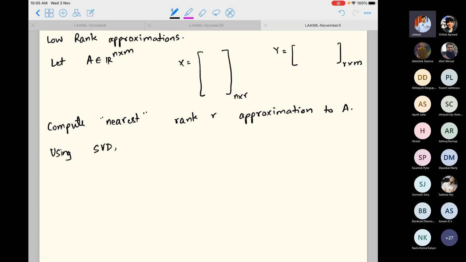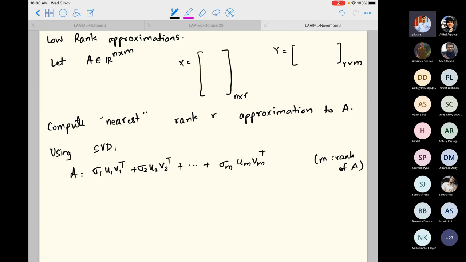You first write down A's singular value decomposition: sigma 1 u1 v1 transpose plus sigma 2 u2 v2 transpose, and so on, up to sigma m um vm transpose. Suppose m is the rank of A.